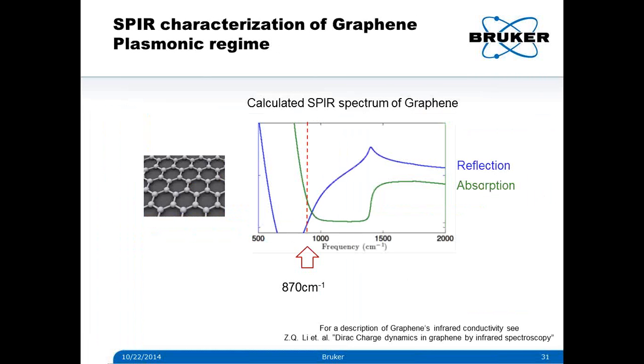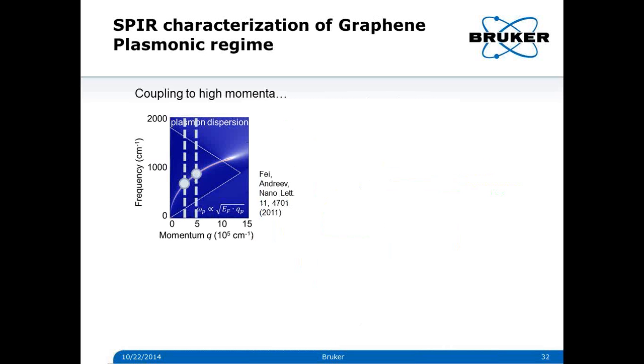Now, the last point is, let us go to the plasmonic regime, where we go to low frequencies, 870 wave numbers. And let me briefly talk about plasmons in graphene, which are very important and have been studied in the last years, because plasmons are a way to confine infrared energy to small sizes, so you can confine energy to the nanoscale in the form of a plasmon, and then you can bring any particles or biomaterial or chemical material you're interested in close to it, and you have efficient nanosensors.